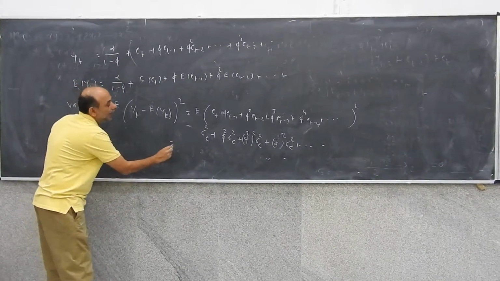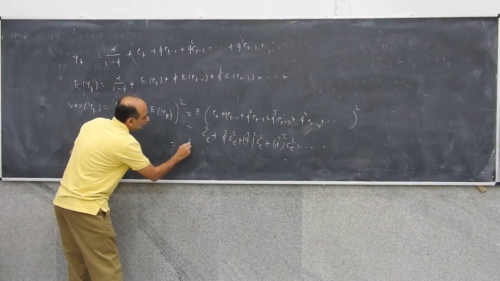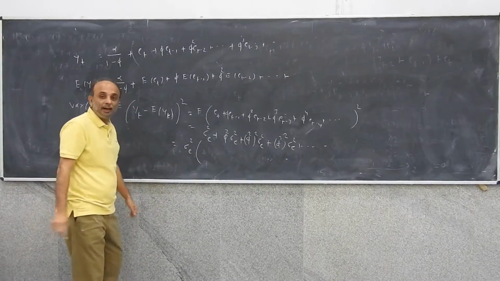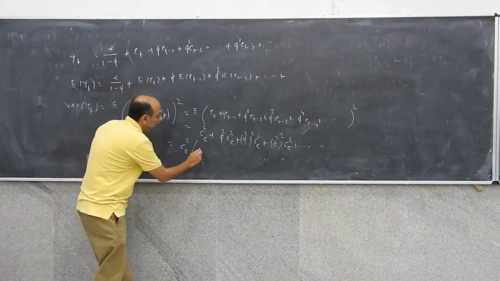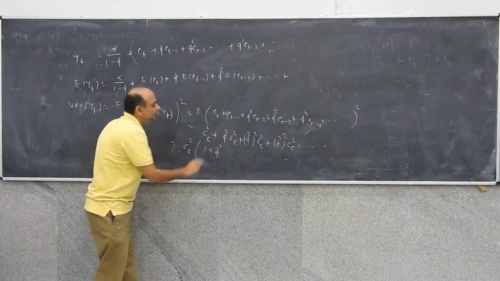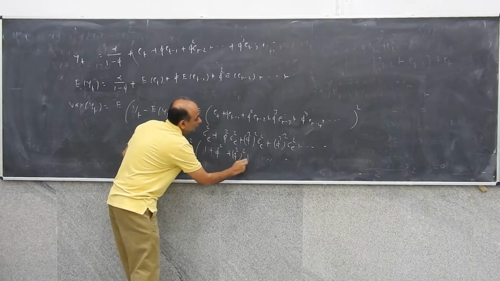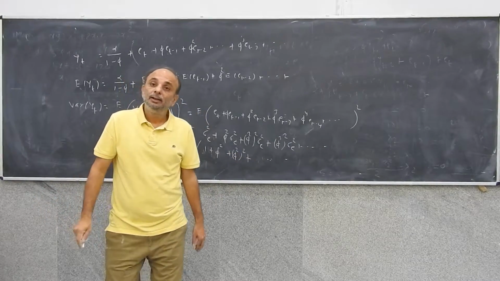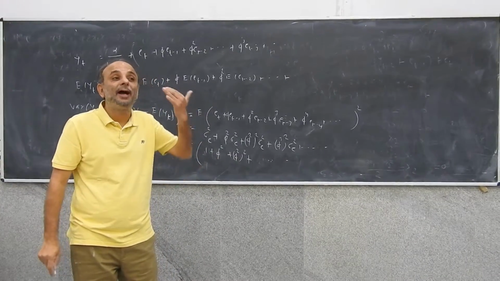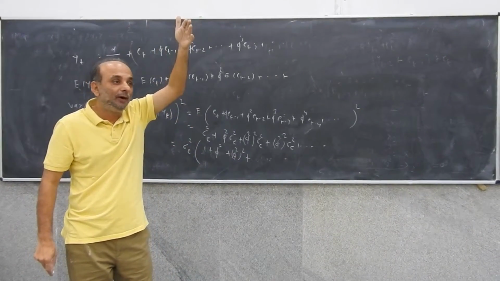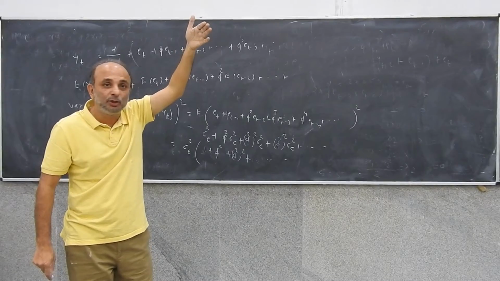This can be written as, I can take sigma square out common. I'll get 1 here, phi square here. The next term will be phi square square. The next term I can write as phi square cube. Phi cube square is the same thing as phi square cube.